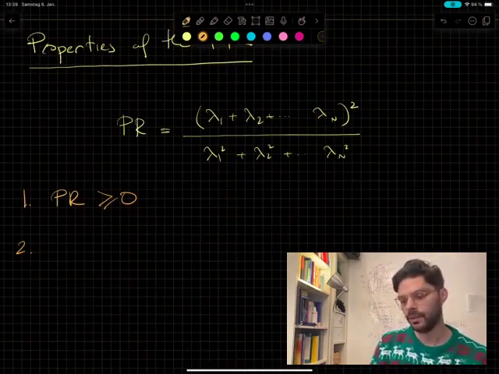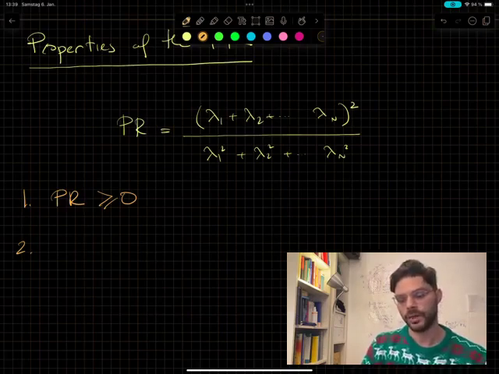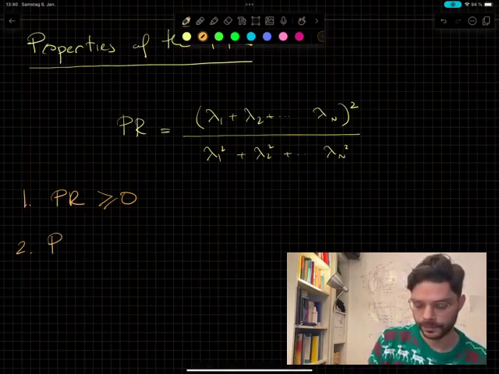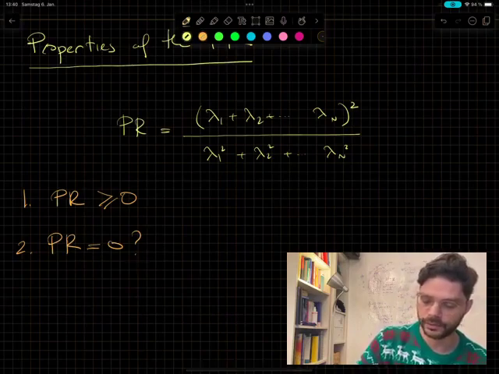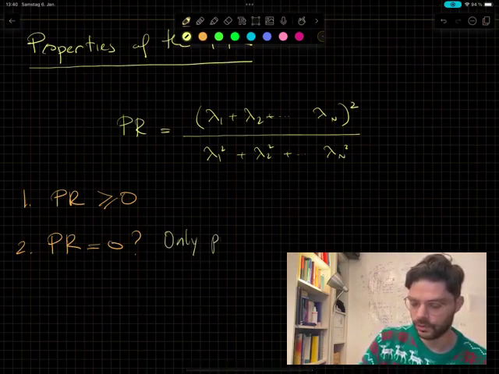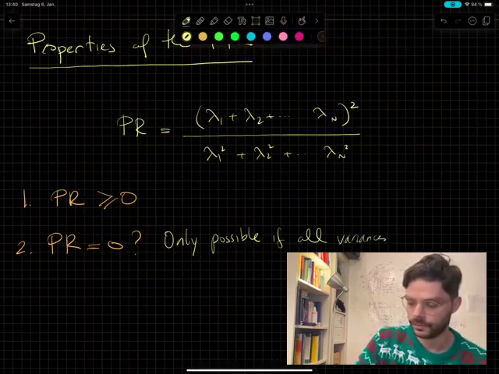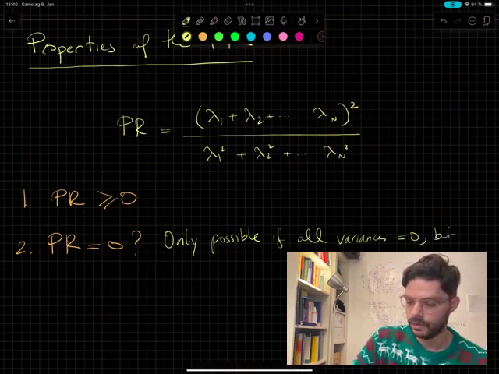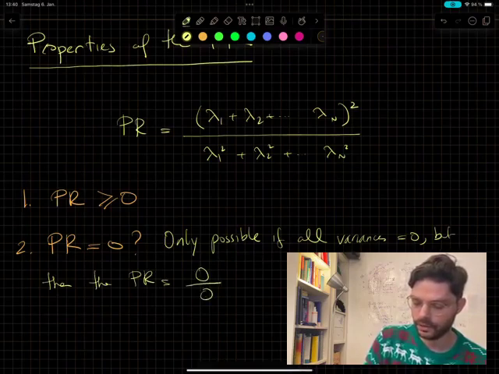And in fact, the participation ratio can't be 0, because that could only happen when all the variances are 0, in which case we would get 0 over 0. So let's just look at this case. This would only be possible if all variances are 0, but then the PR is 0 over 0.